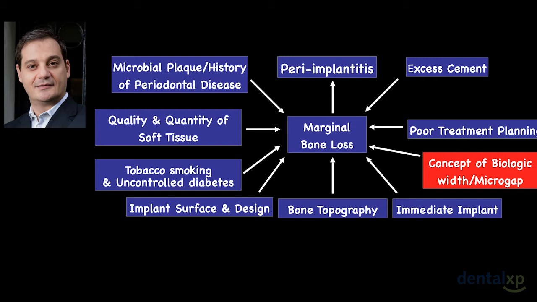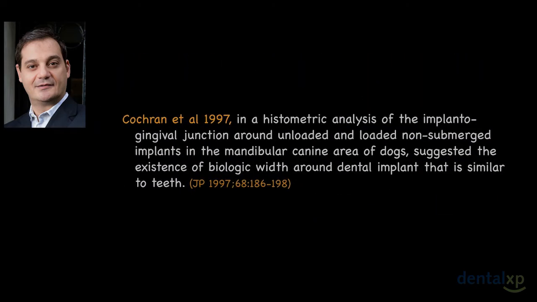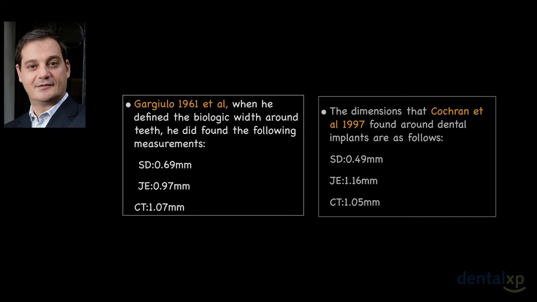Now, the discussion right now is that platform switch is the solution to everything. You can see that in Europe they took the position that platform switch is the solution to all our problems. But in reality, there are not enough studies to prove it. There are a lot of case reports, but not enough studies, as you're going to see with the one that Cochran did in 1997, where they defined the presence of biological width around an implant. This concept took a lot of debate back and forth, but in reality it has been proven.